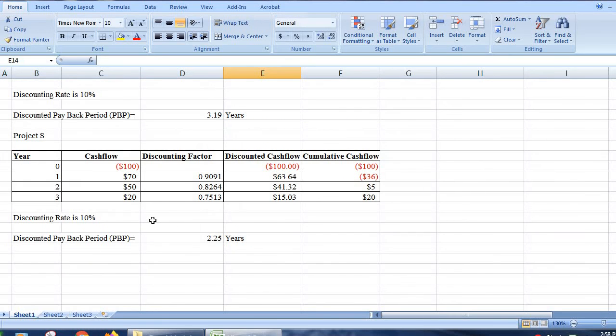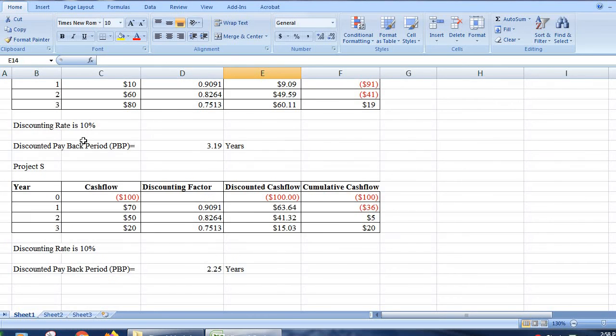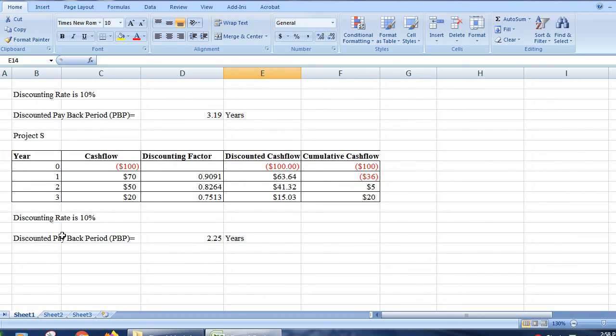In the same way, calculate for project S. Now we calculate the discounted payback. Find the discounted cash flows. Let's calculate the discounted cash flows for project S. We can see the discount rate is the same for both L and S, 10%. The maximum acceptable payback is 2 years.